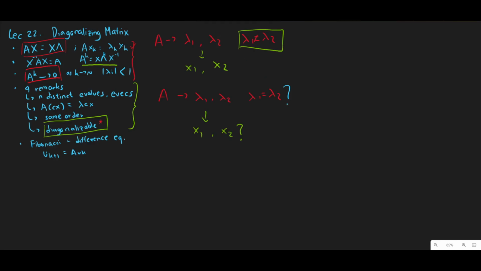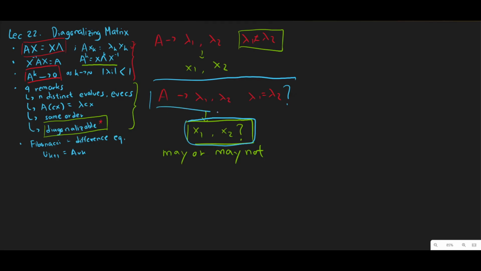In that case, you may or may not have distinct eigenvectors. That's the case we didn't discuss earlier, but a matrix can have repeated eigenvalues, and they could have the same eigenvector as well. So there's a condition where we lack independent eigenvectors. Actually, that would be the correct way to say it.